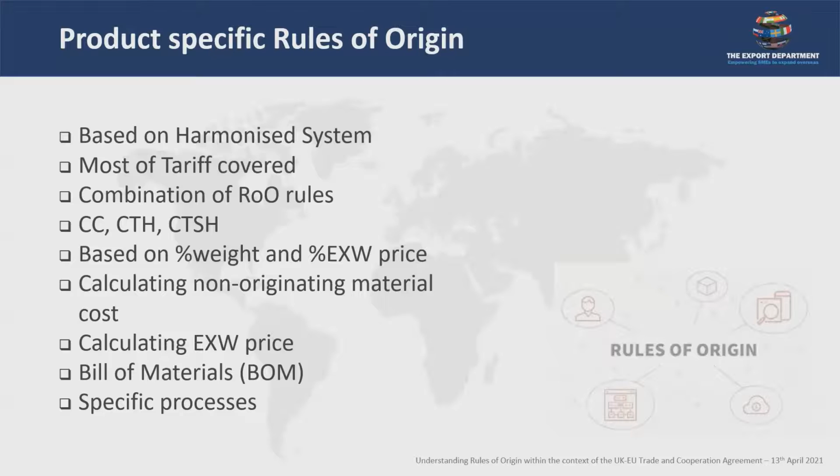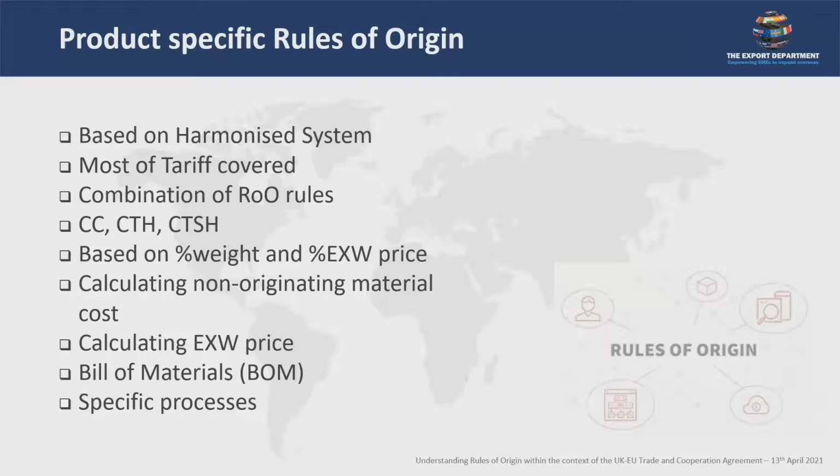Okay, so those companies that we've been working with, we've been having them establish a bill of materials for their goods. When you're looking at that non-originating material, you have to work on what we call the cost insurance freight value. So if you're basing it on value, then you have to look at the value of the goods to get them to the UK. That's the price that you put in your bill of materials.